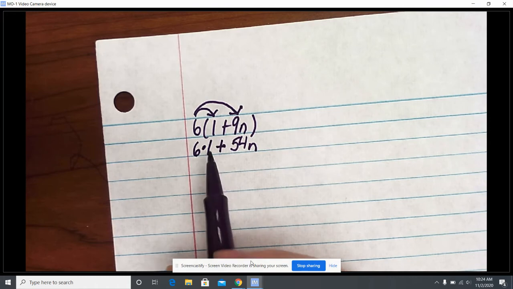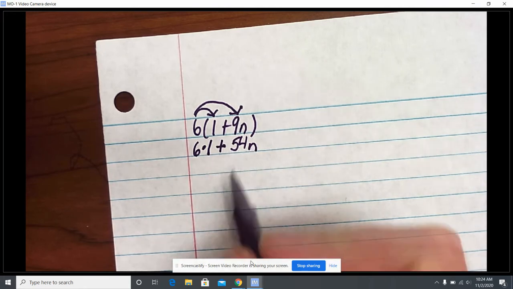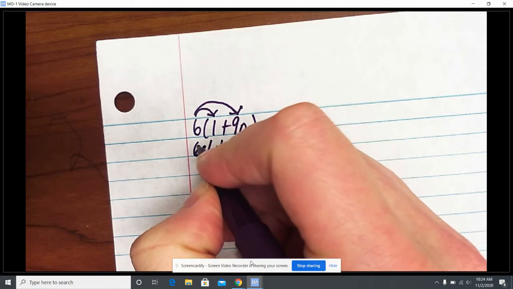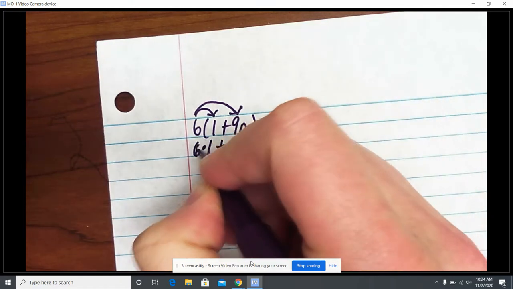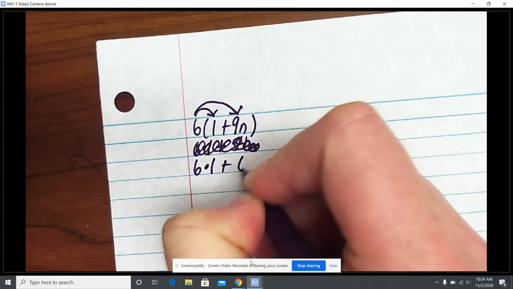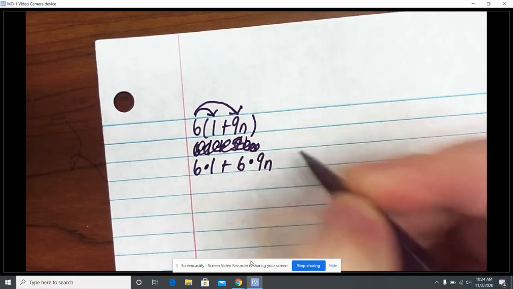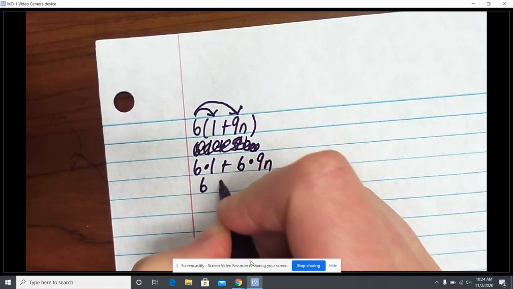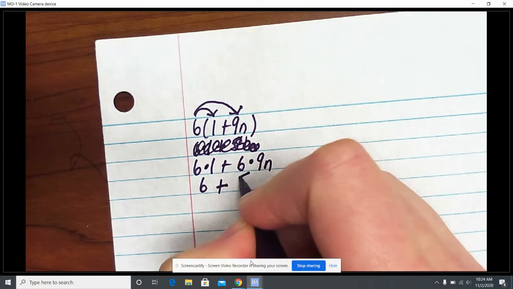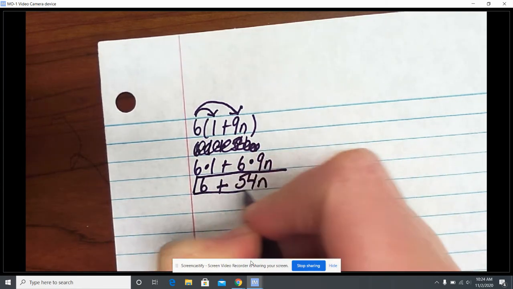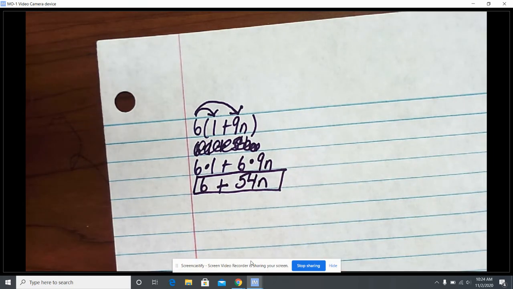So after that, well, actually, I probably should have showed you all. Hold on. Here's what I'm doing. I'm taking 6 times 1 plus 6 times 9n. So then when I would work that out, I would get 6 plus 54n. All right.